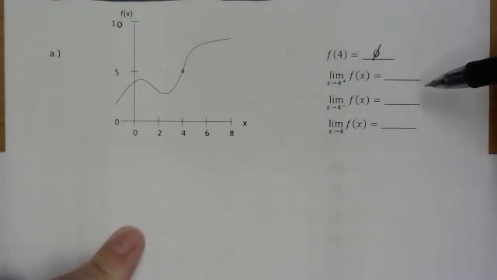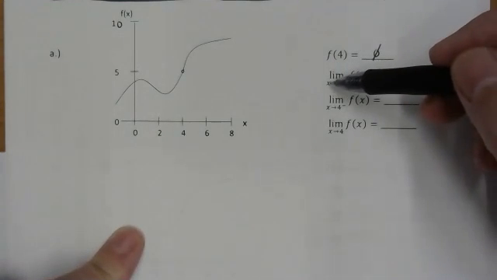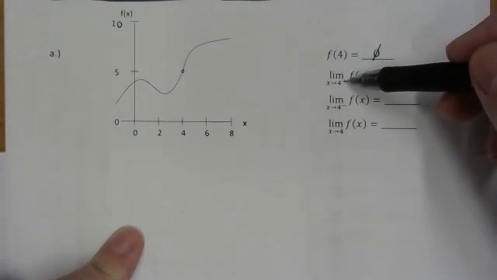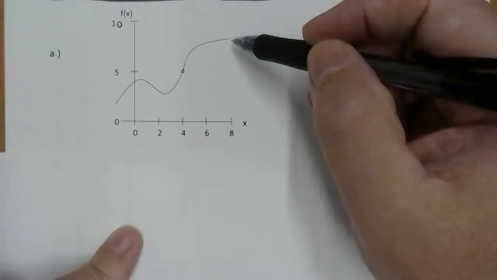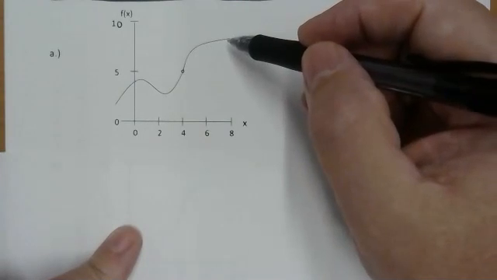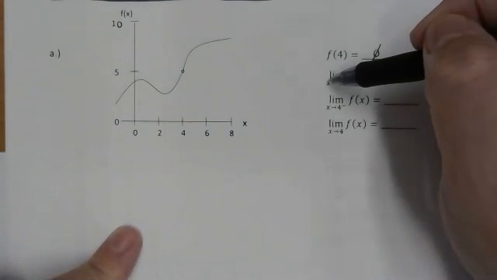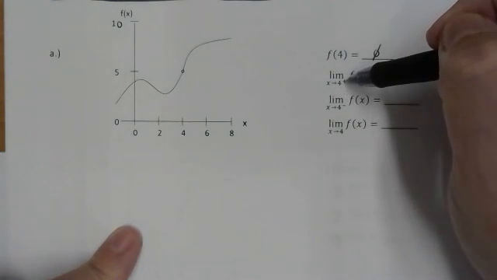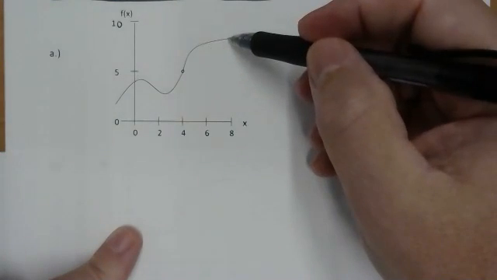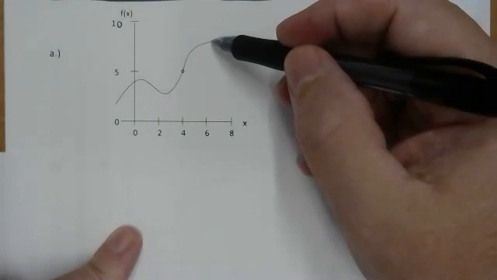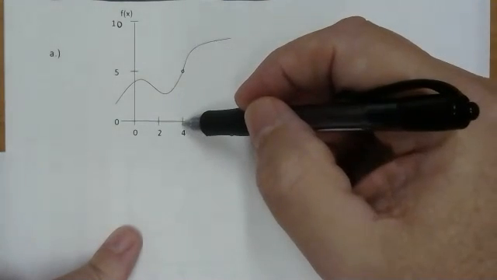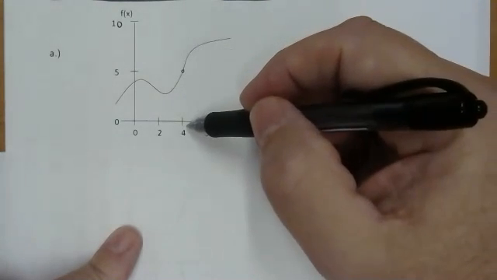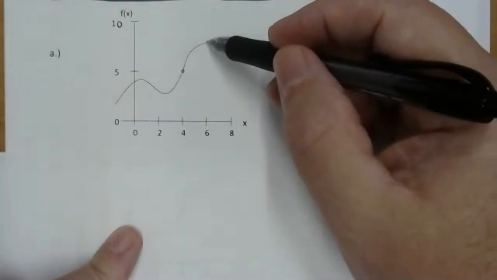Now we're asking 3 questions about limits. So the limit as x approaches 4 from the positive side. So the idea is sort of start at the far right side of your graph and we're going to approach 4 from the positive side. So I'm out here and my value of x is decreasing, and I'm going to keep decreasing the value of x until I get to 4.